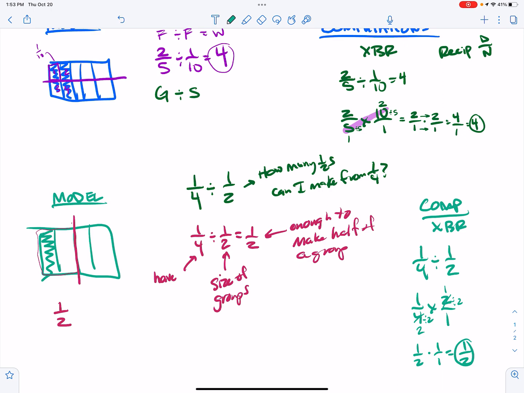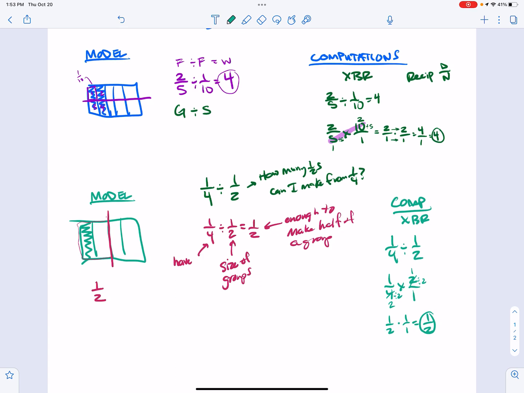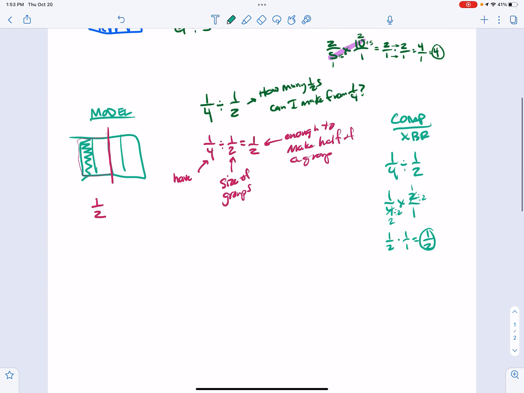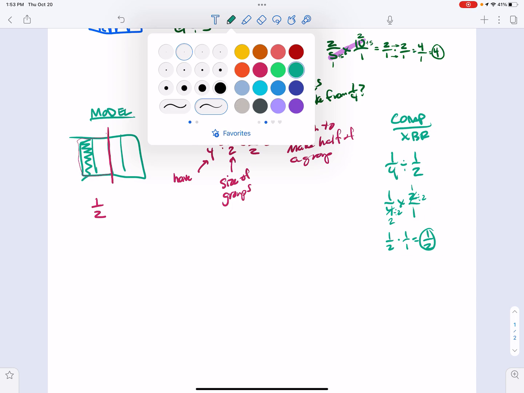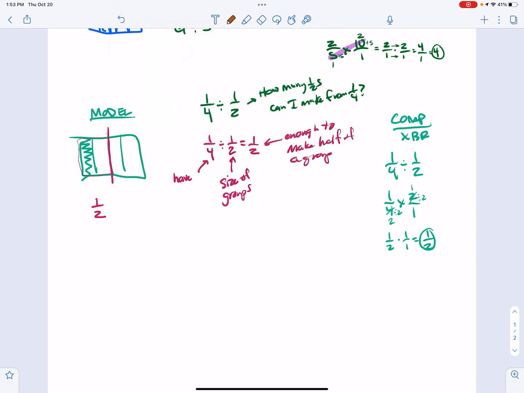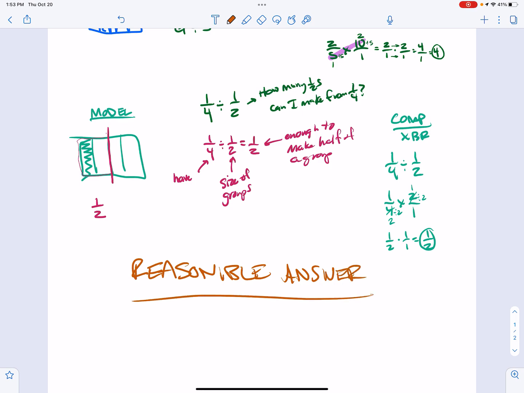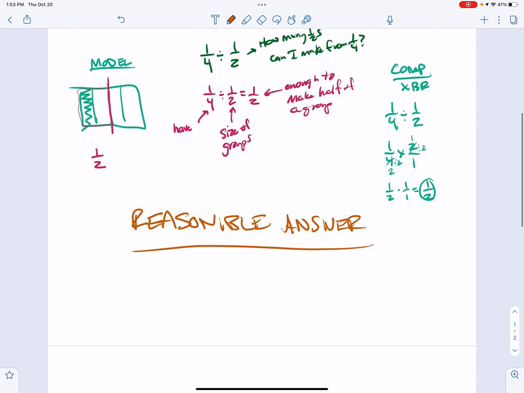So we do have an interesting observation here that can help us figure out what is going to be a reasonable answer. This is something I love to think about because it helps keep me accurate. And sorry about the delay while I write. Okay, so reasonable answer. In our two examples, we had 2/5 divided by 1/10, and then we had 1/4 divided by 1/2.